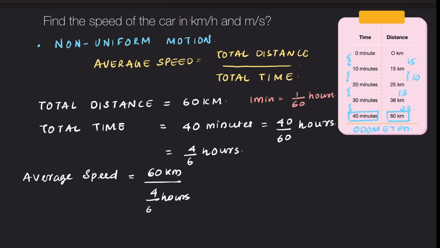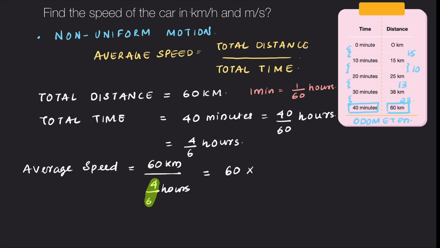Now, plugging into the formula, average speed is equal to 60 kilometer divided by 4 by 6 hours. Dividing by a fraction is the same as multiplying by its reciprocal. So 60 times 6 by 4, and 4 goes 15 times in 60, and 15 into 6 we get 90 kilometer per hour. So the average speed is 90 kilometers per hour, but we also need the answer in meter per second. We know the conversion factor. Remember, 1 kilometer per hour is 5 by 18 meter per second.